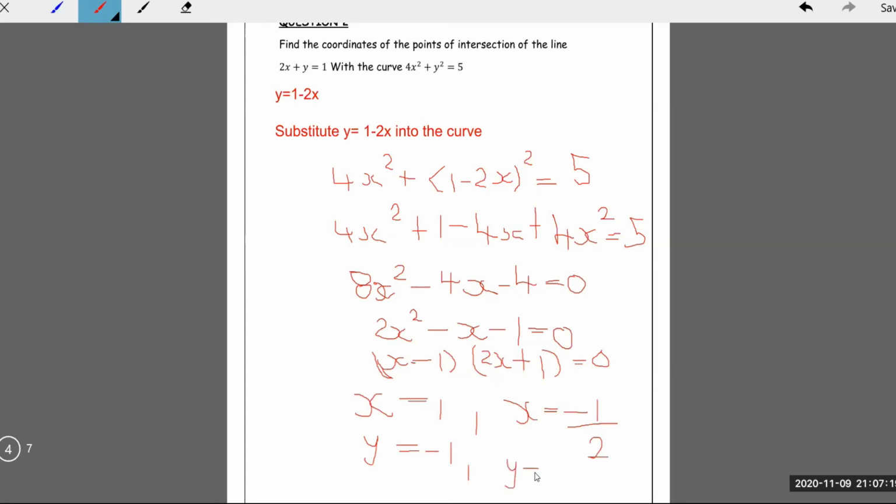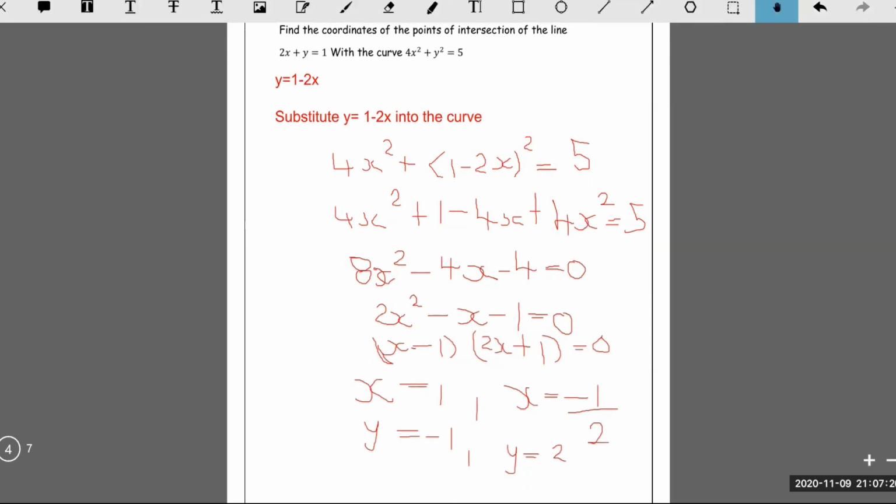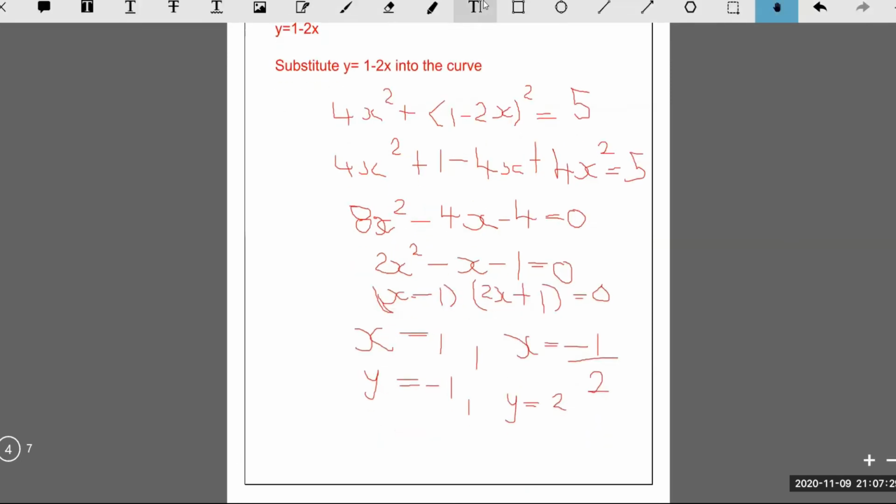Now having obtained the x and the y values, I can just put them in coordinate form, or write them as ordered pairs. And so I can say the points of intersection are 1, negative 1, and negative a half, 2.